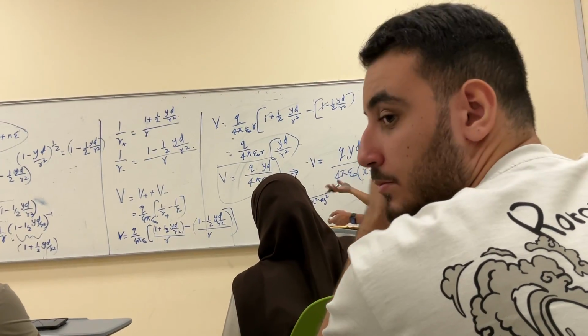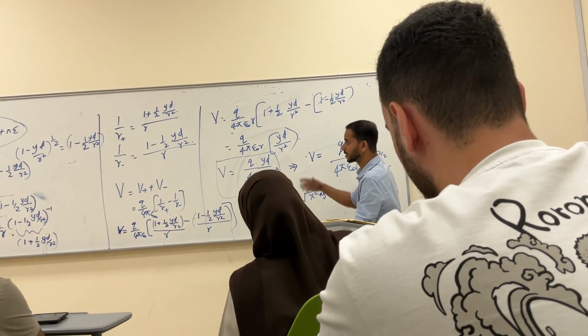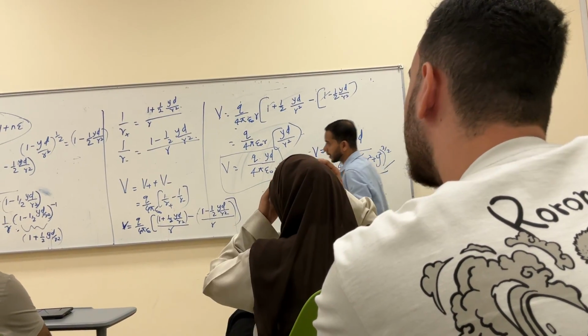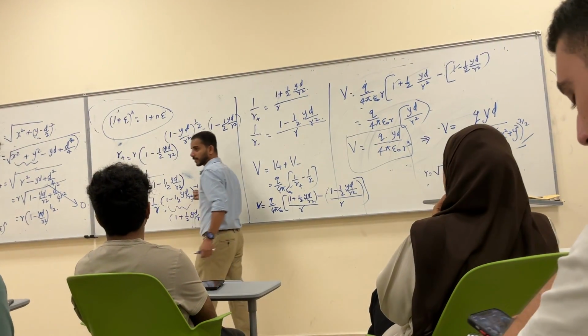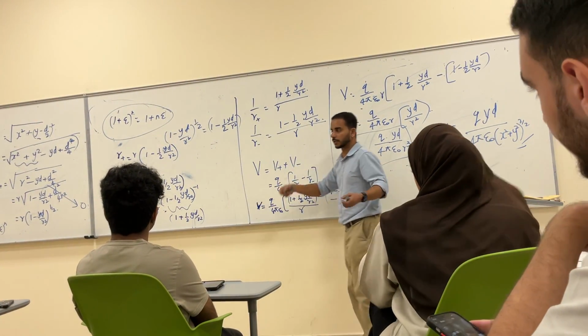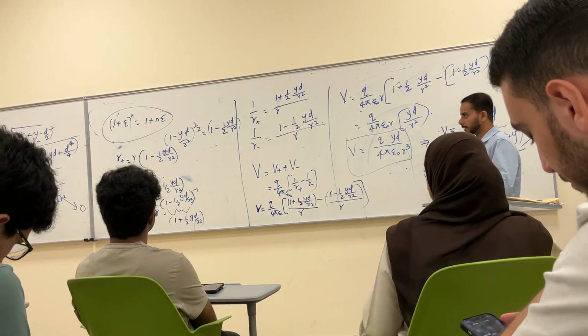You have to practice yourself, then only you will understand this. This can have a lot of mistakes. Like when I was writing this one, I made a mistake here. Instead of minus 1, I just put a half. So when you look back, then you will understand.